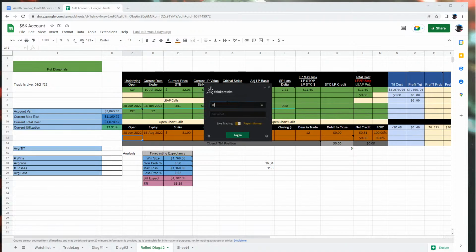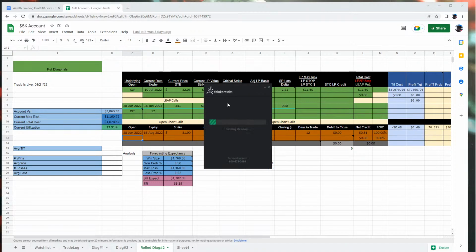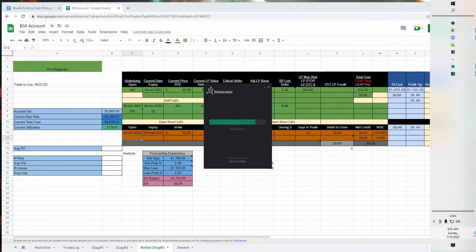And it was a 0 DTE trade for a small credit, which seemed to work out pretty well in my favor. So I was really excited about that.